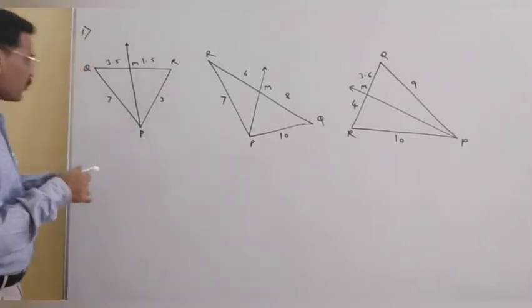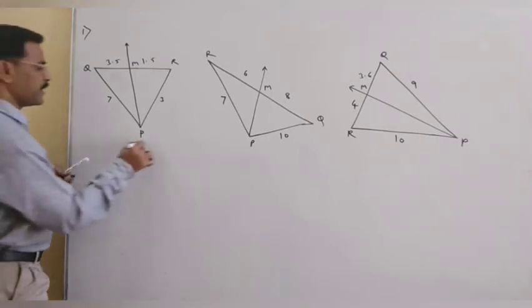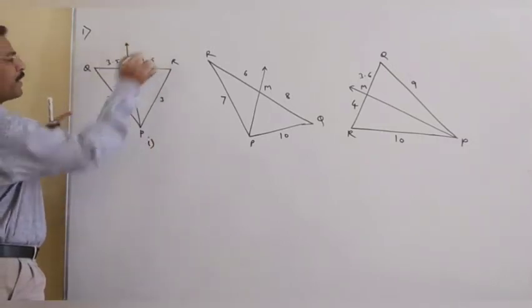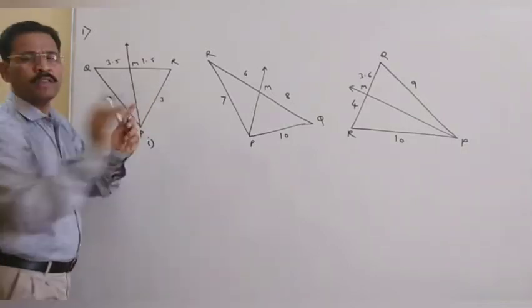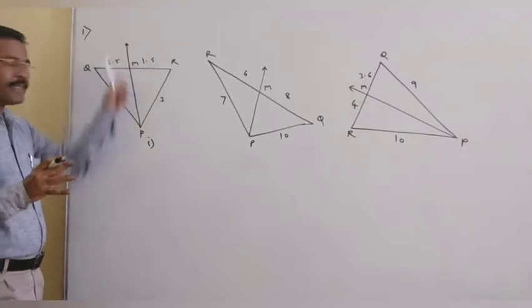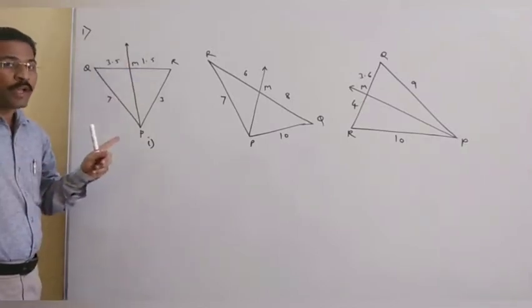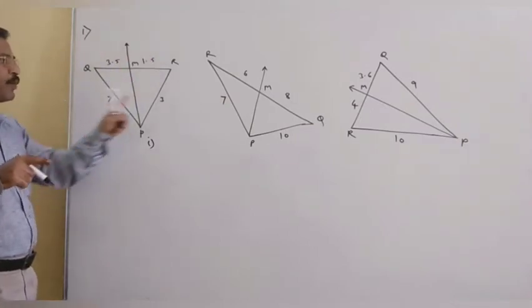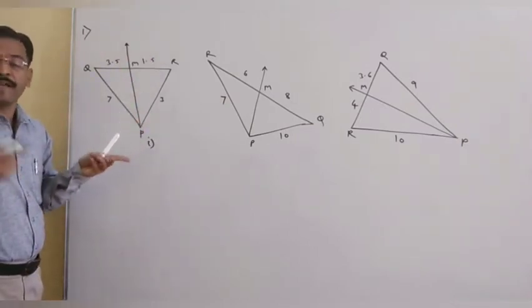See here. First of all, in the first figure, QM, MR, QP and PR, all the parts are given to us. To prove this is the bisector, what do we need? We know the angle bisector theorem tells us this upon this is equal to this upon this. Let's check whether they are the same or not.